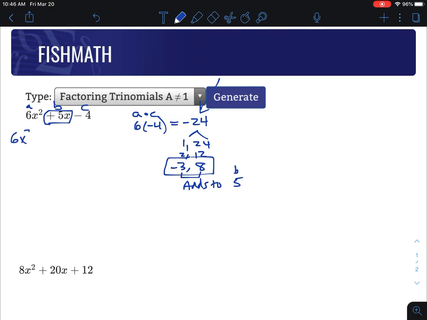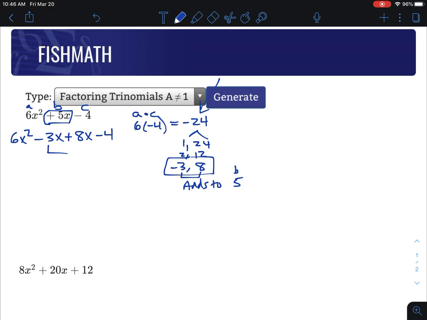We're going to keep this 6x squared the same, but we're going to call this minus 3x plus 8x minus 4. So all we've done so far is rewritten 5x as negative 3x plus 8x. And as you can double check, if you add those two back together, you'll get back to 5x. So we're not going to change the value of the problem. We're just rewriting it in a more useful form.